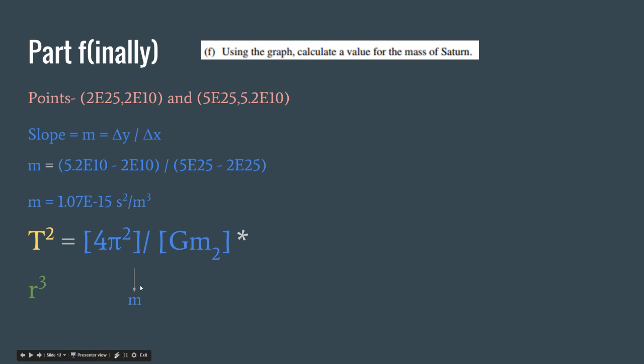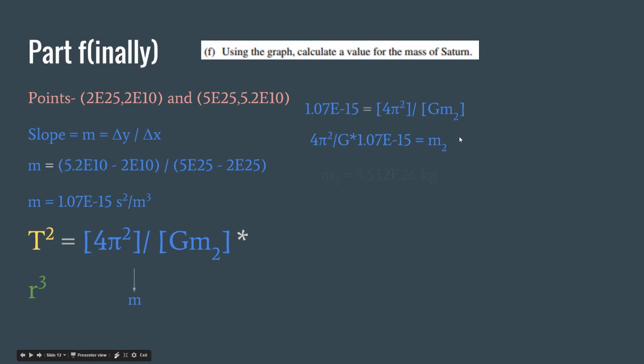And I've stated that here by making a point and then putting m for slope. If we know that entire quantity is the slope, we can say that the slope we found from the graph is equal to the slope from the equation. And doing a little bit of algebra, we can see that 4 pi squared over big G times the slope we found from the graph, using the 2 points, is equal to m2, also the mass of Saturn.